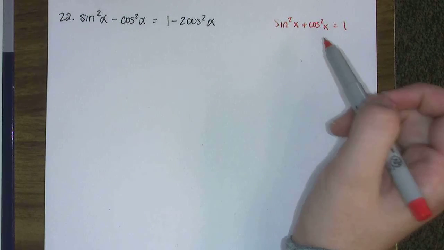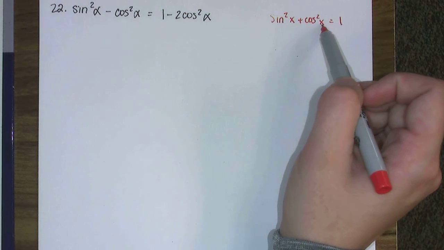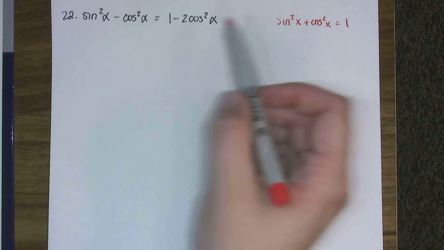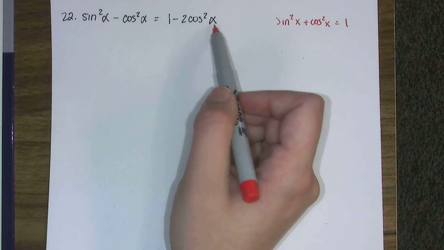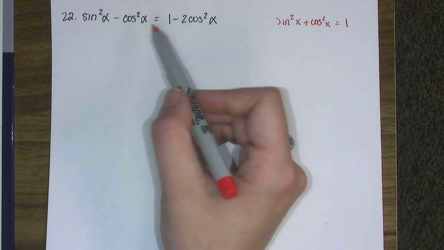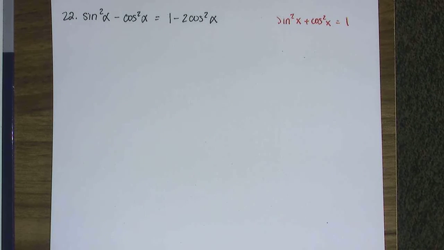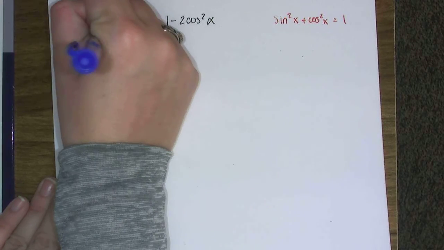I could easily rewrite the sine squared as 1 minus cosine squared, but I could also rewrite cosine squared as 1 minus sine squared. So this is where I have to pay attention to the right side and figure out what I need. I need to be left with cosine, so I probably should rewrite sine in terms of cosine. That's my thought process for this one. So I'm going to rewrite sine squared as 1 minus cosine squared of alpha.